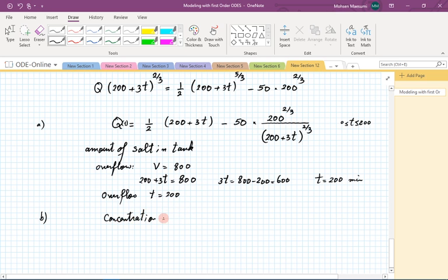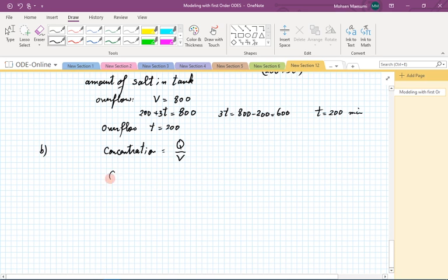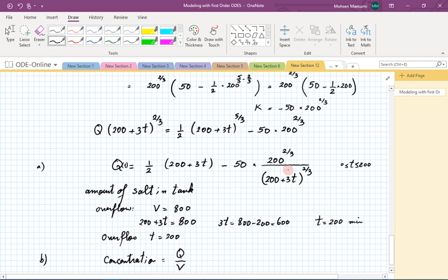Concentration, remember, it was quantity divided by the volume. So concentration as a function of time is going to be this divided by the volume, and volume was 200 plus 3t. So if I divide it by that, all that's going to be left is a 1/2. And if I divide by 200 plus 3t again, the exponent instead of 2/3 is going to go up by 1 notch, becomes 5/3.